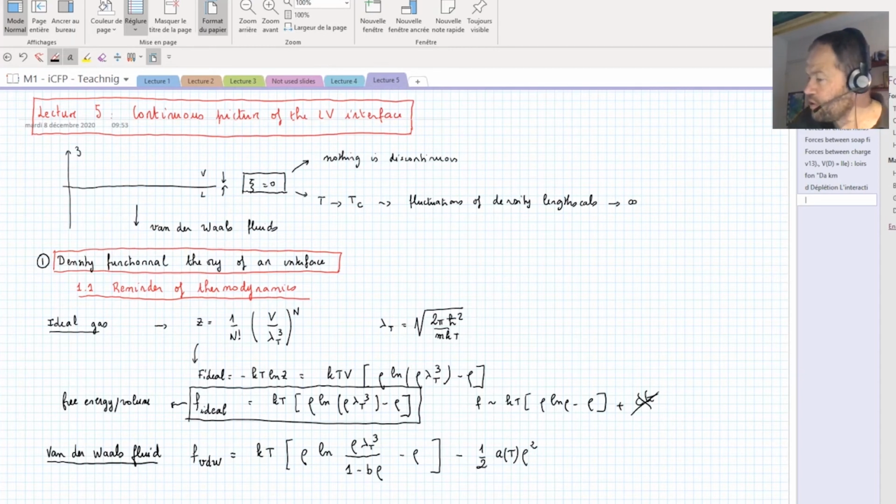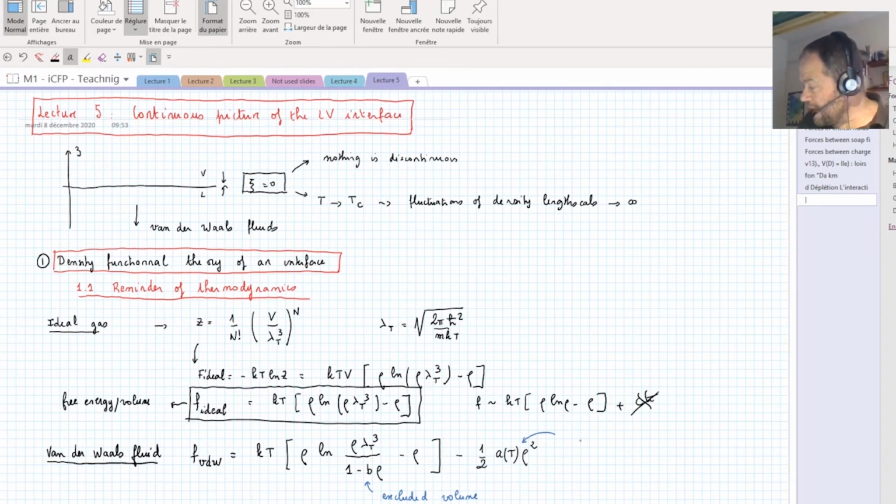and here you recognize two terms. The first one here is the excluded volume term. And what is this term?